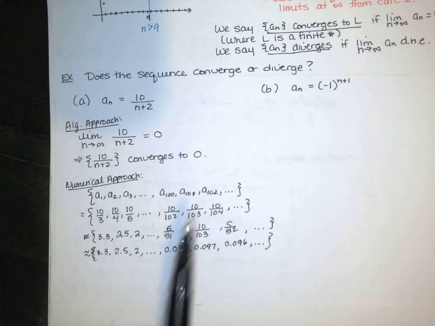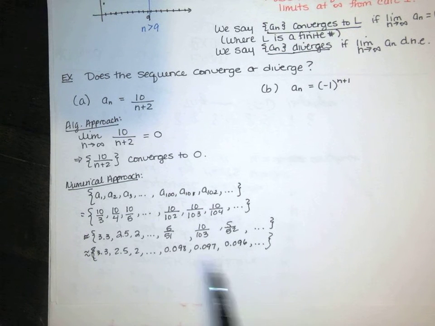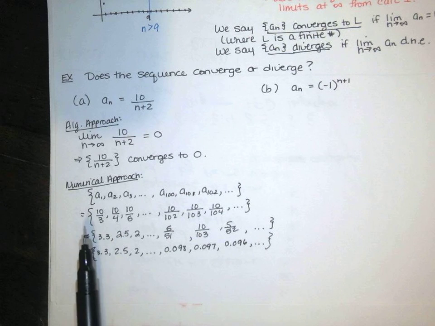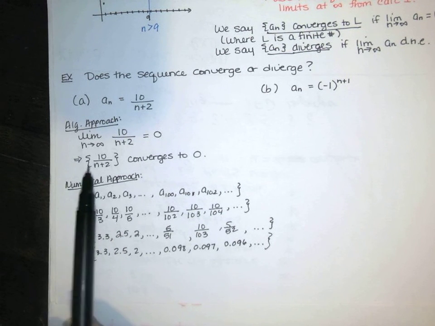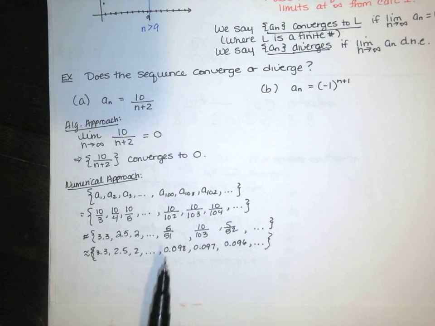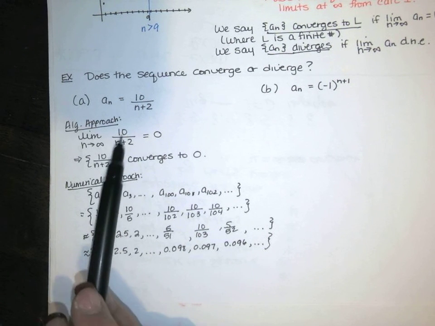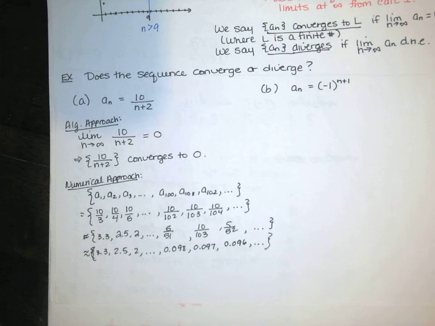To really see, I need to plug in n equals 1000, n equals 1,000,000, and see what happens. So the numerical approach tells me it's probably 0, but this list is also misleading. I might think it's something like 1/10 when it turns out that it's not. So it appears from this list that maybe the limit is 0, maybe it's 1/10, but we saw from the algebraic approach, as n goes to infinity, 10 over something really large, something really small, we get 0.